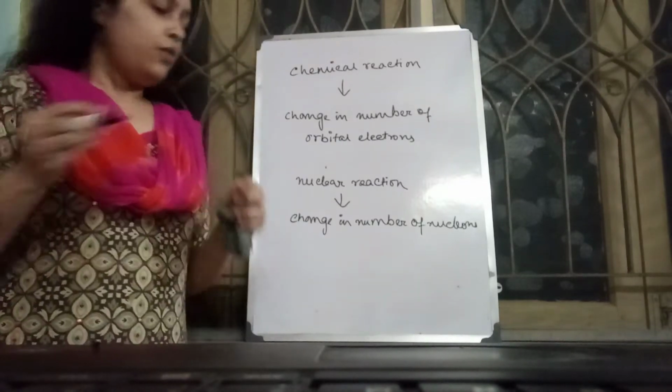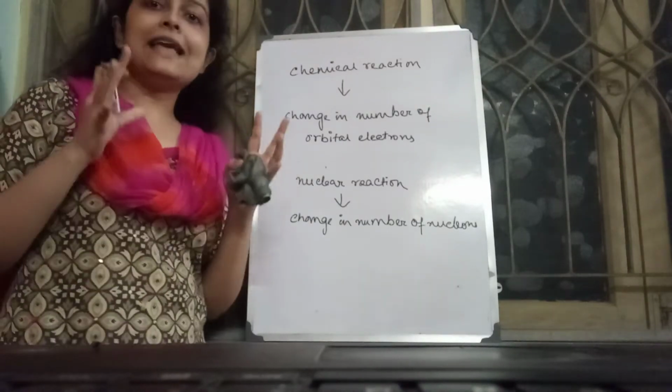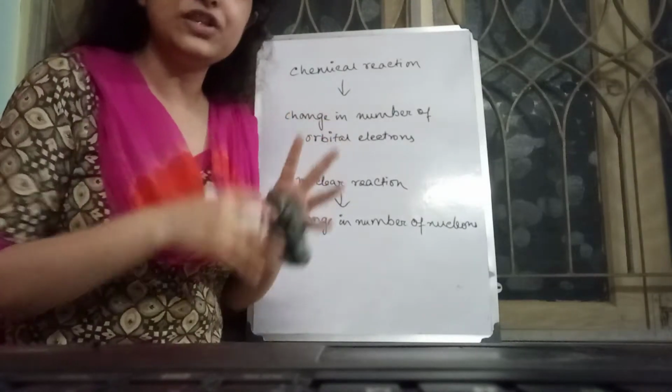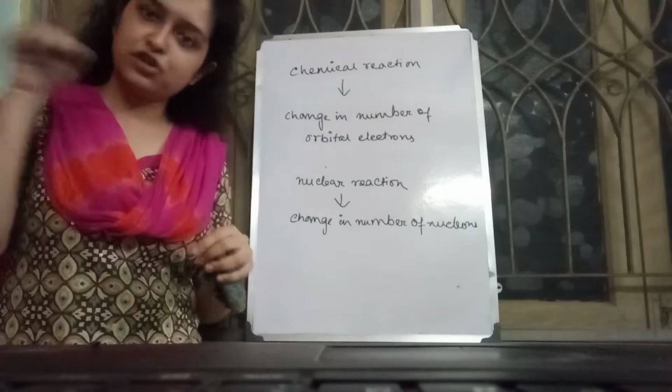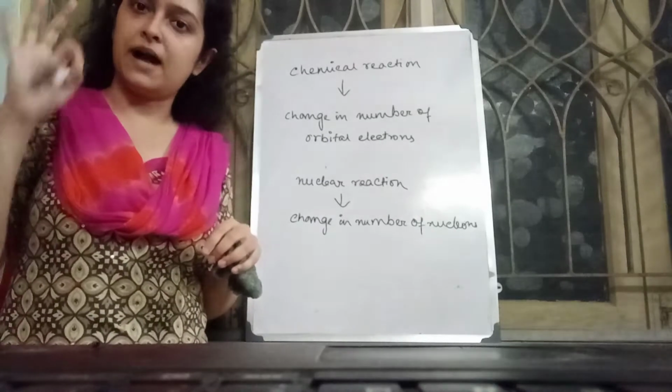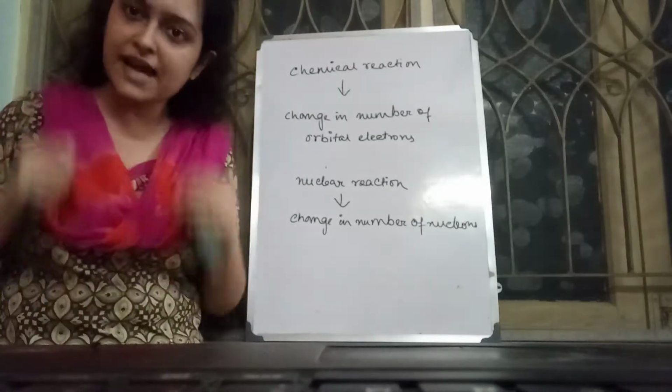Now, what have we learned? In chemical reactions, which subatomic particles take part? The electrons, right? The orbital electrons are the subatomic particles which take part in chemical reactions.